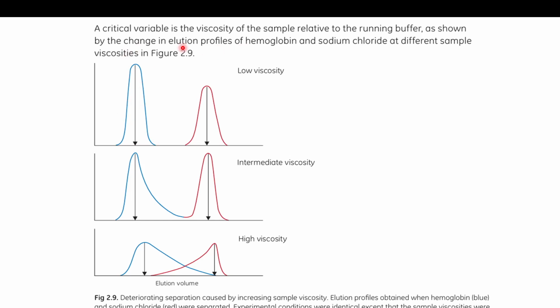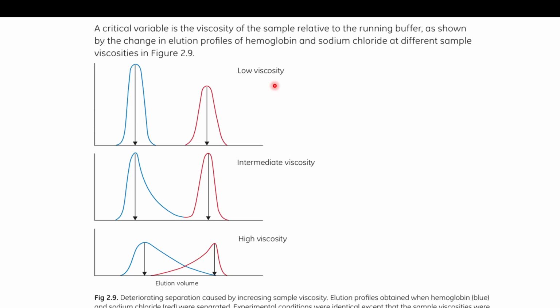So if we are talking about elution profiles of hemoglobin and sodium chloride, then definitely this one, the red one, will be sodium chloride because it is much smaller than hemoglobin, and hemoglobin being the larger one will come out of the column first, followed by sodium chloride at later column volumes.